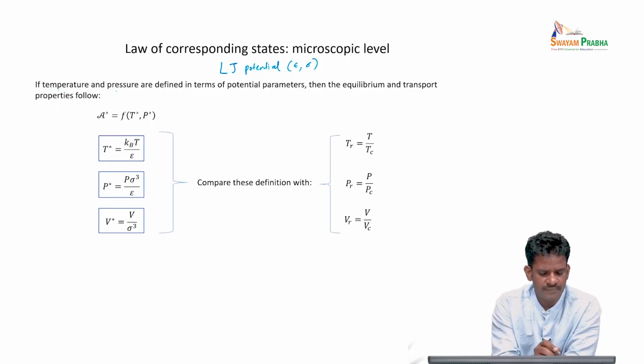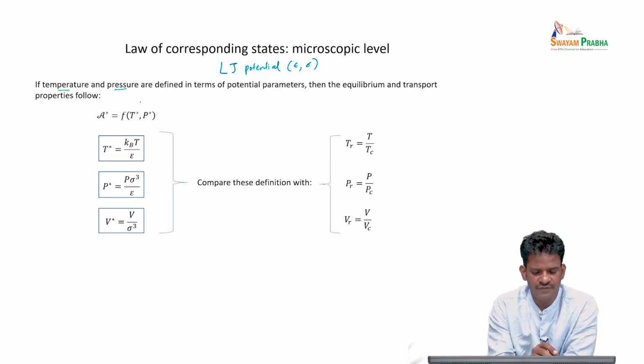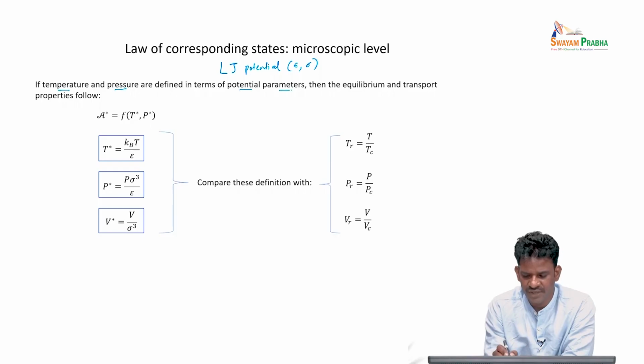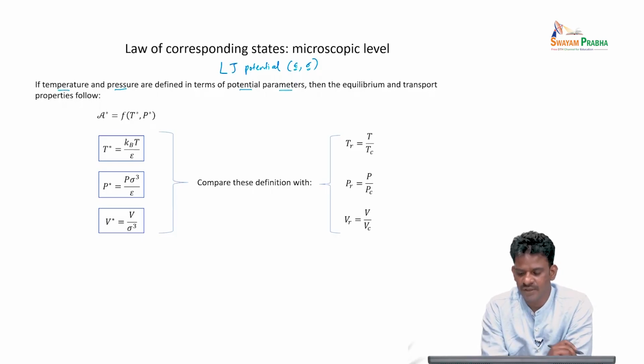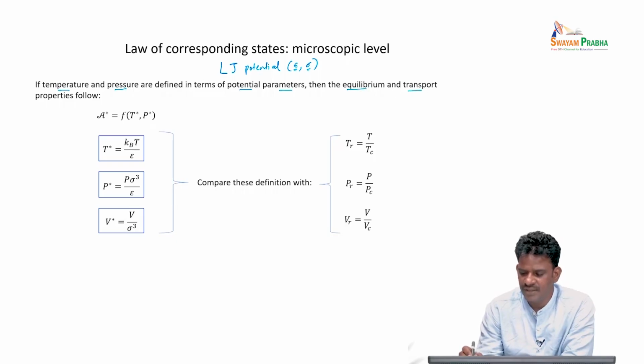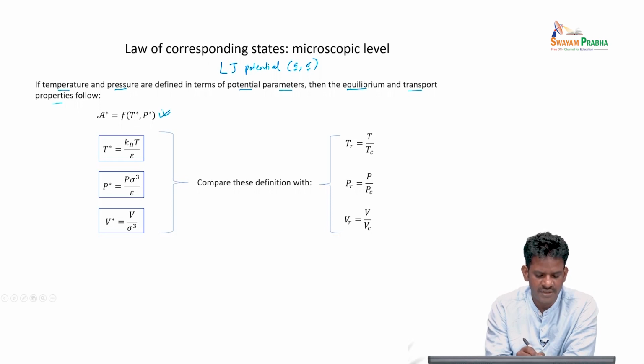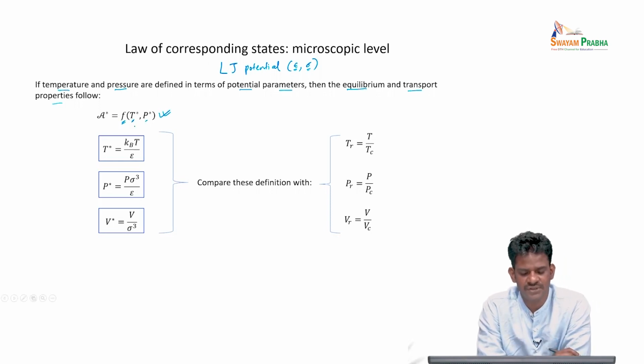If temperature and pressure are defined in terms of these potential parameters, then equilibrium and transport properties of the system can be written as certain universal functions of reduced temperature and reduced pressure. So, this is the application of the law of corresponding states for atomistic systems.